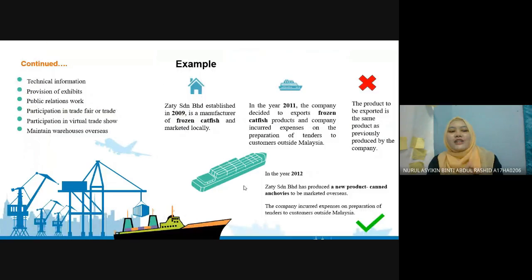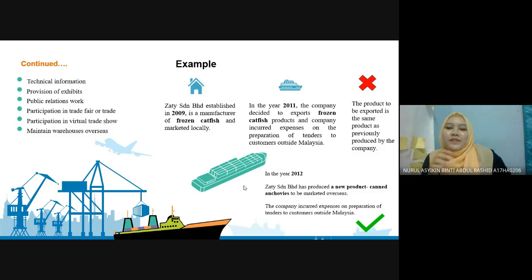Next, also under further deductions, are technical information, provisions of exhibit, public relations work, participation in trade fair and/or trade, participation in virtual trade show, and maintaining warehouses overseas. And there are examples.